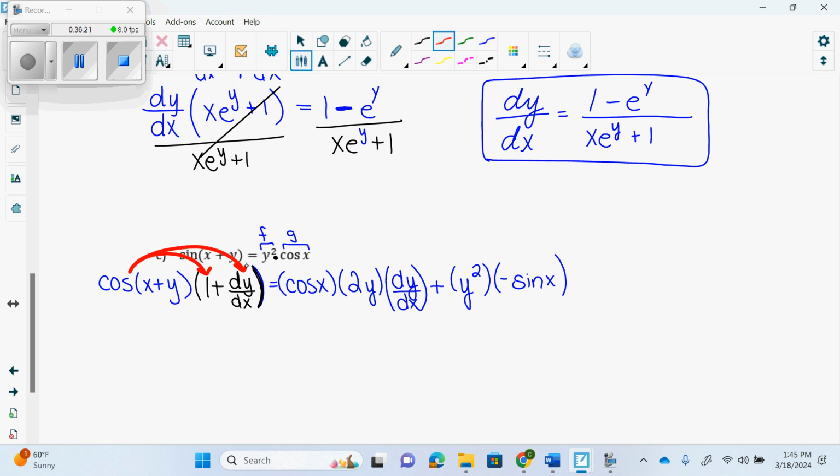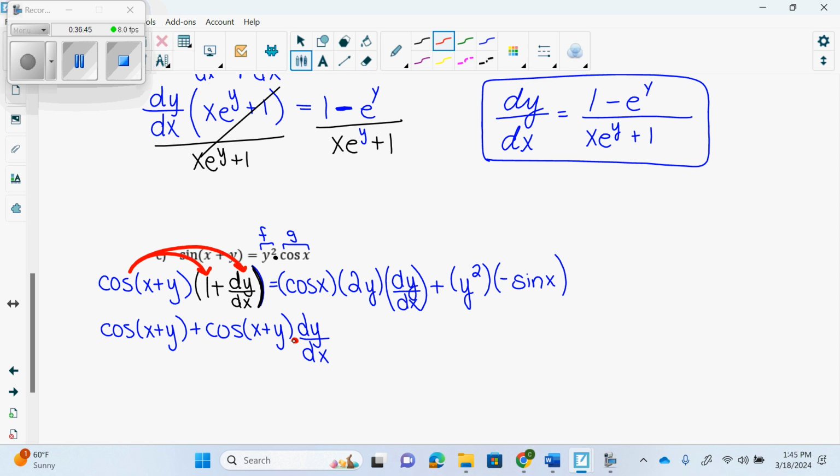So here we're going to get cos x plus y times 1, which is cos x plus y. And then we're going to get two terms out of it. Cos x plus y times dy dx is plus cos x plus y dy dx. So there comes two terms from this chain rule.